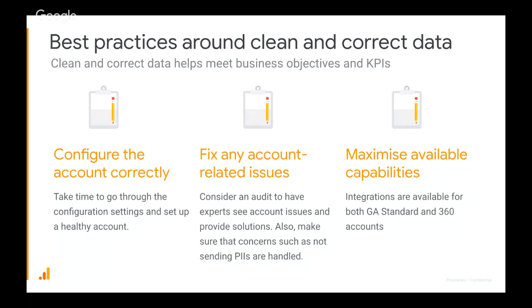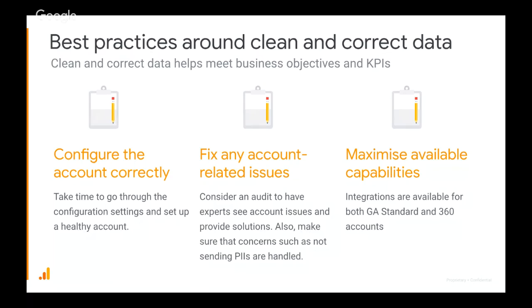And the last would be to maximize any available capabilities. So if you have an active account and it's working well, part of a good configuration is also making sure that we use the capabilities as extensively as we can. There are many integrations available for both GA standard and GA 360 accounts.